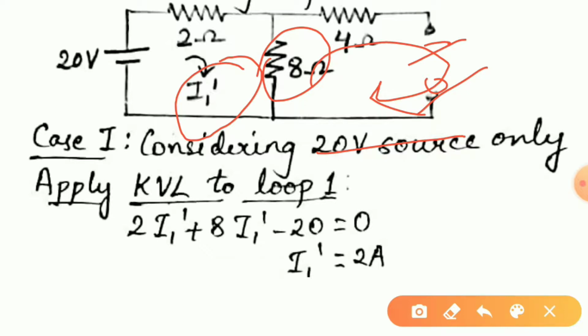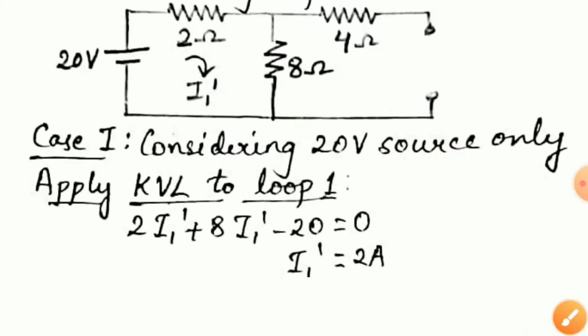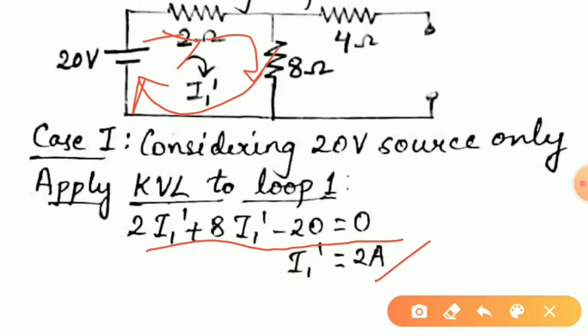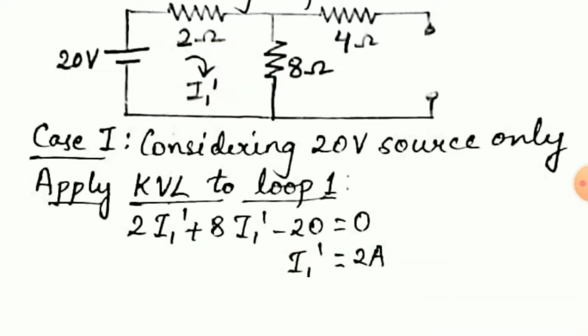The value of current will be obtained by applying KVL in this loop. On applying KVL, we get 2 into I1 dash plus 8 into I1 dash minus 20 is equal to 0. On solving it, we get the value of I1 dash as 2 ampere.